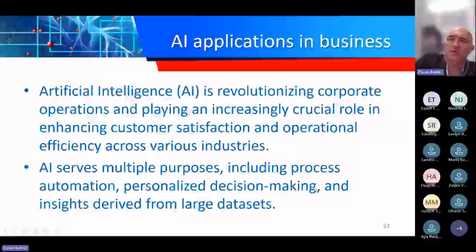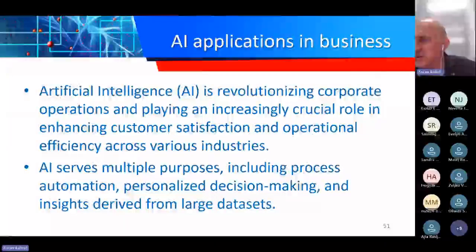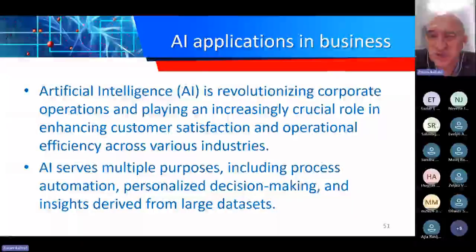So, what are the major applications in business? In many companies, artificial intelligence now plays a very important role, particularly related to making your customers satisfied and improving the efficiency of your company.